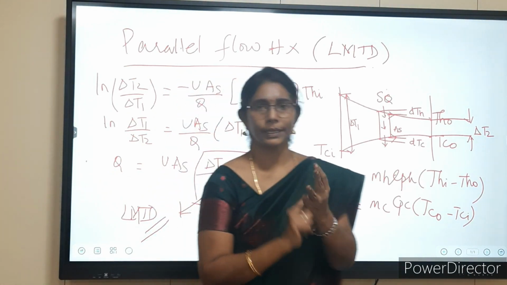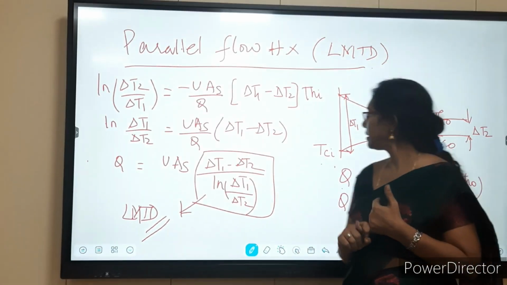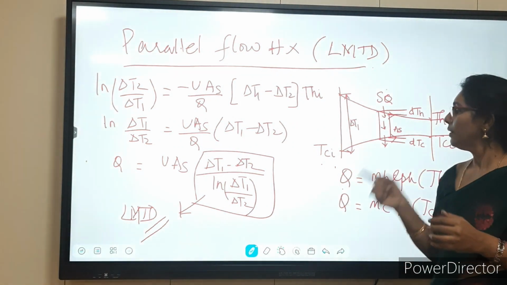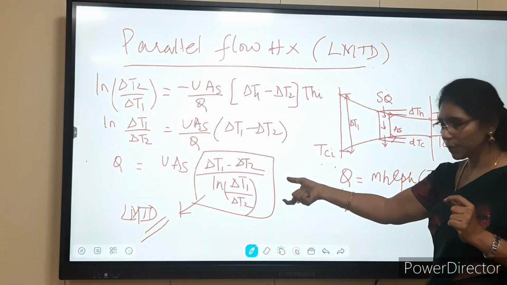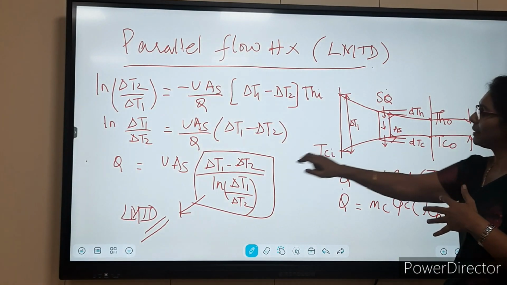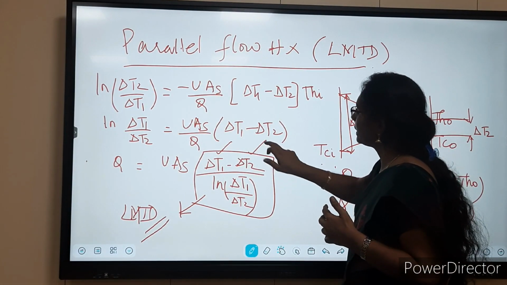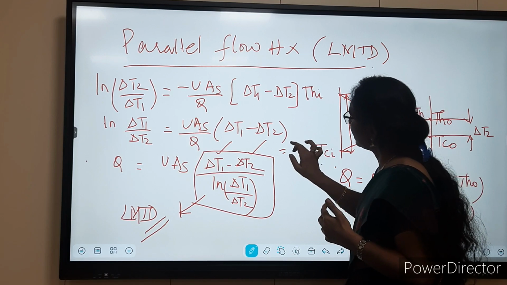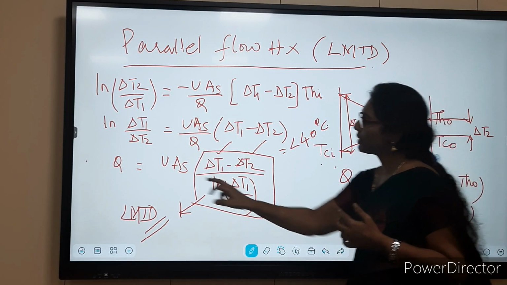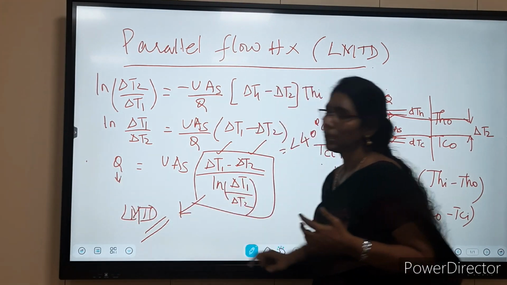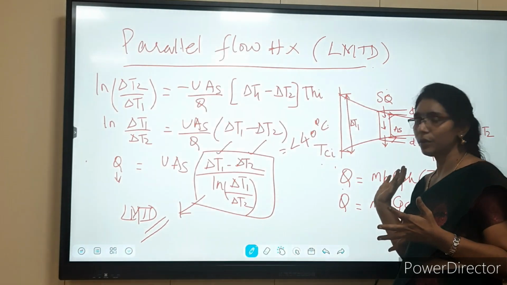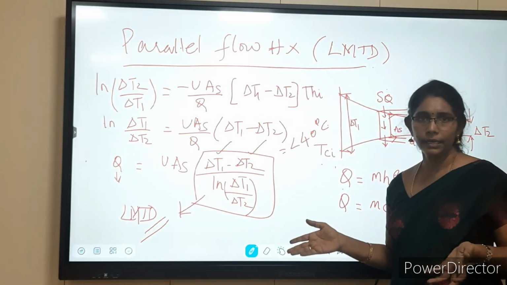It is not always wise to use the arithmetic mean temperature difference because this exponential decrease will not be exactly captured. For it to be exactly captured, we have to use this equation only. In cases where the difference between delta T1 and delta T2 is less than 40 degrees Celsius, the heat transfer that you attain will not show much variation, so you can go for the arithmetic mean difference or LMTD.